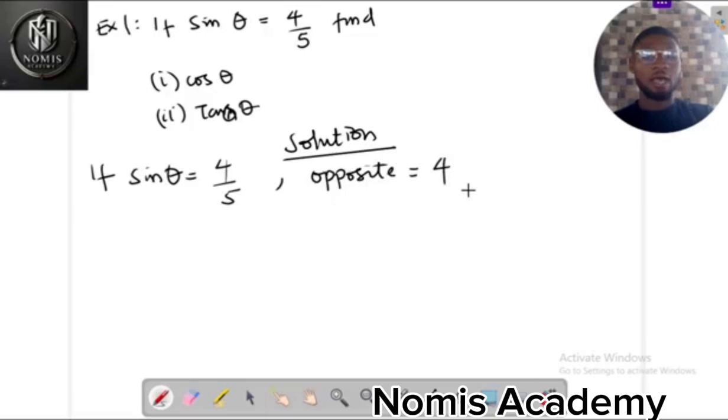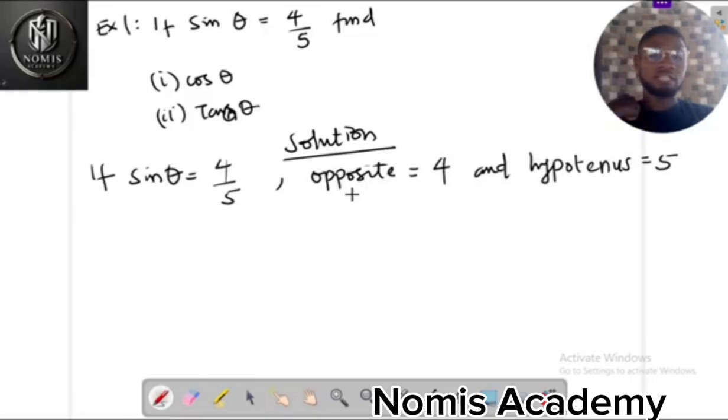With the opposite equal to 4 and the hypotenuse equal to 5, we can find the adjacent.